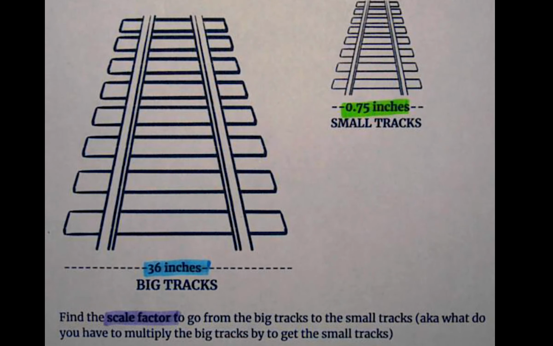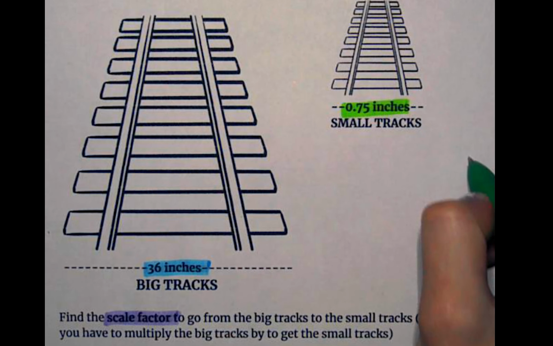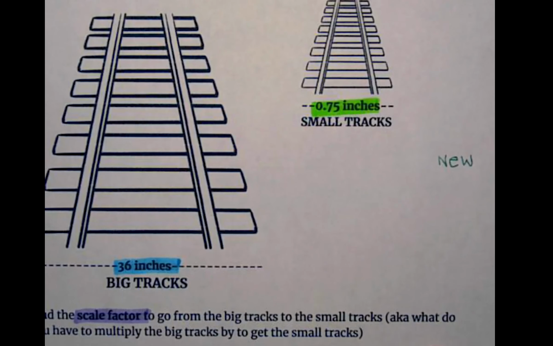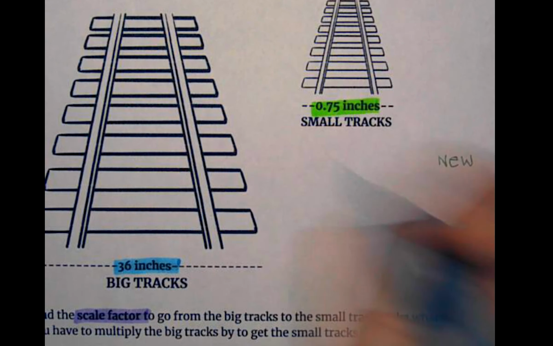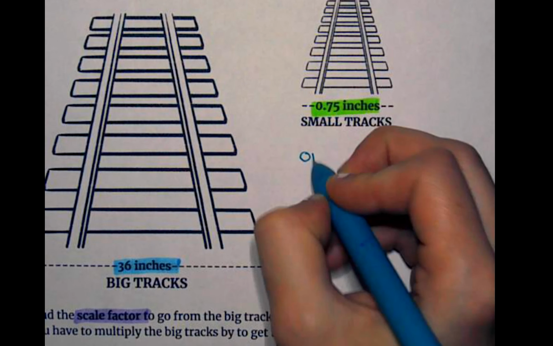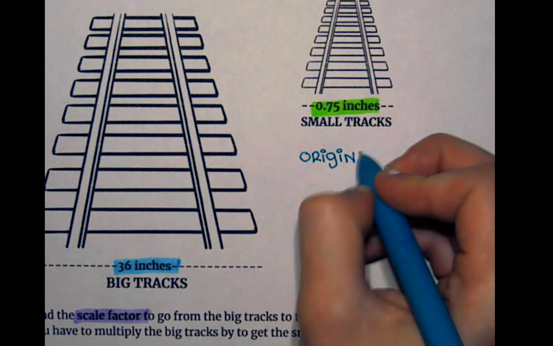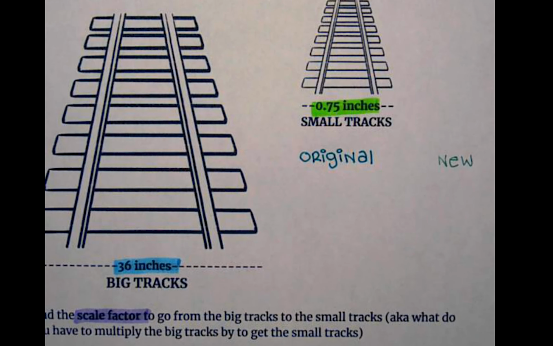And we have the new, and this is just like what we've done before. We have the new, and we have the original. And we've been doing this for a long time, guys.